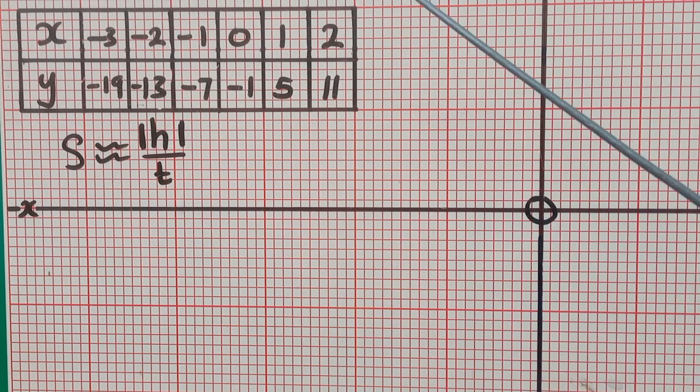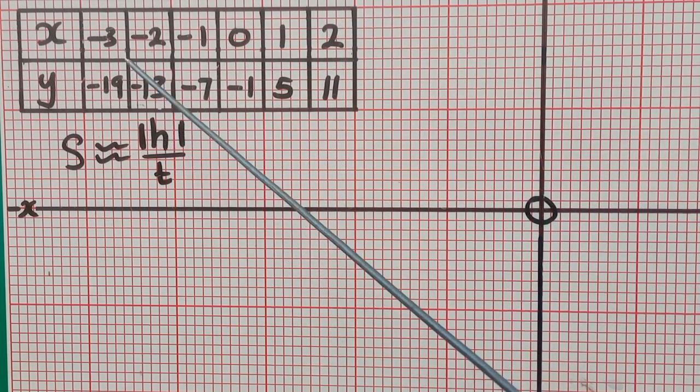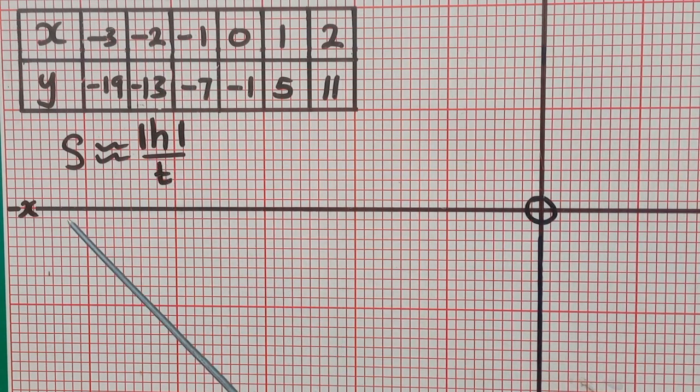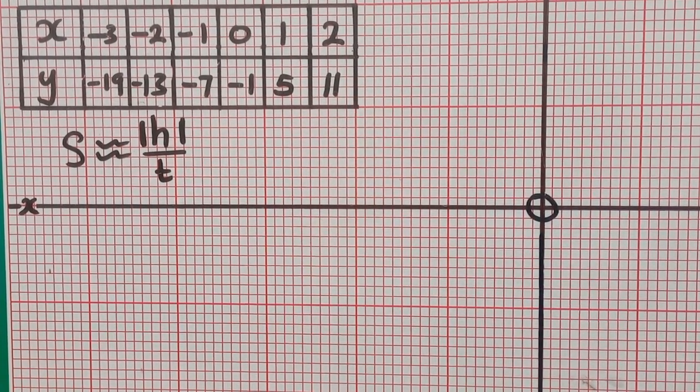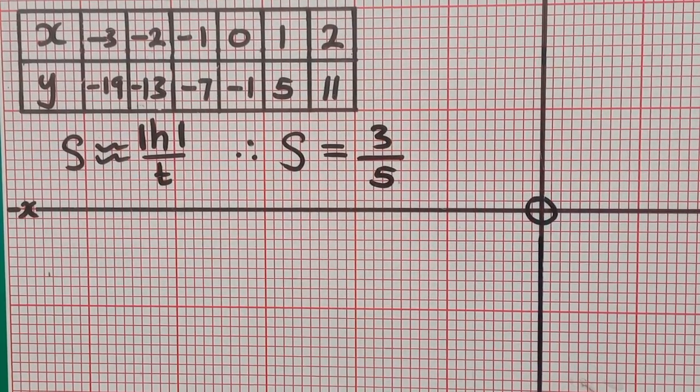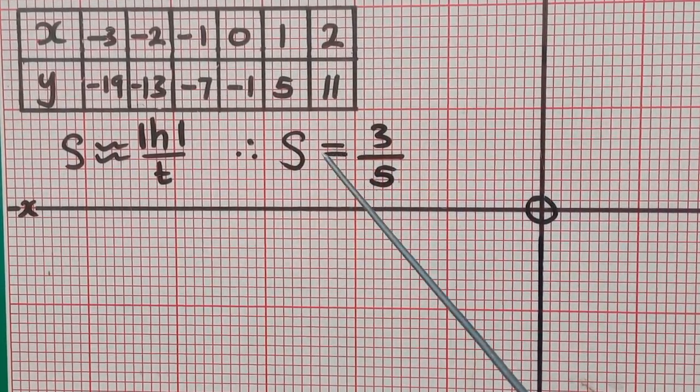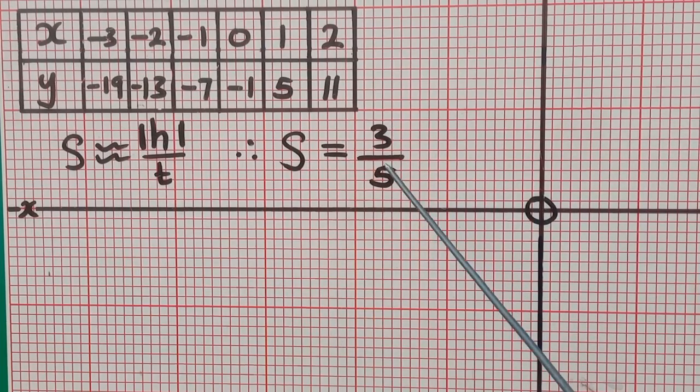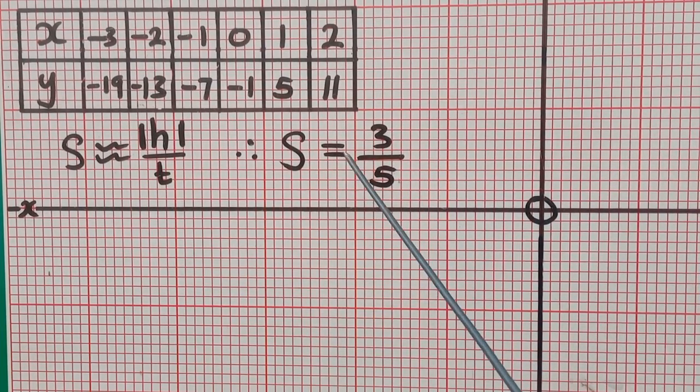Let's make progress. Now we have got the value of H as -3, and we've got the value of T as 5. Let's try to get the value of the scale. This is how we arrived at scale is equal to 3/5. In fact, approximately equal to 3/5.